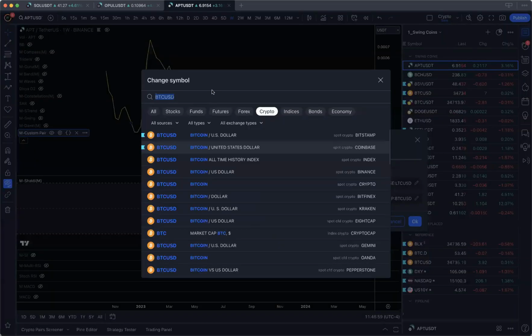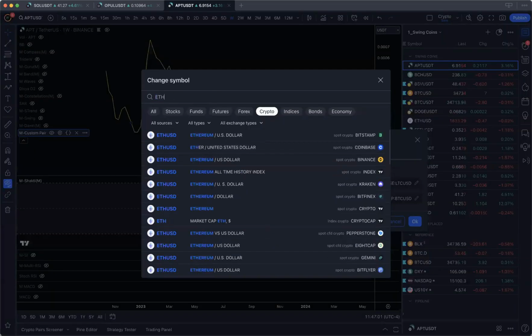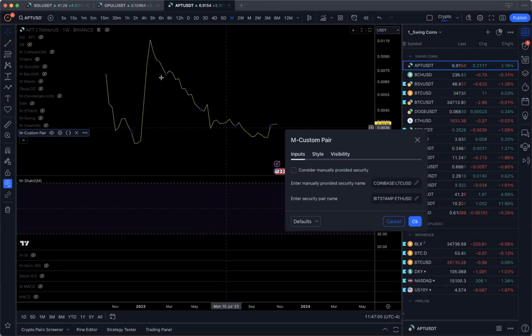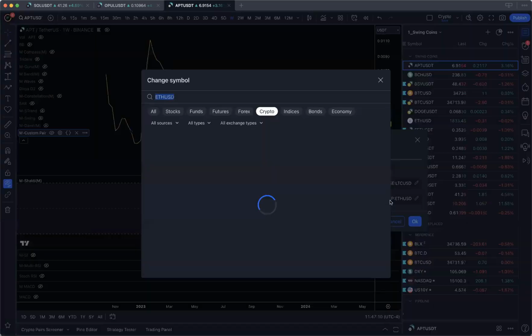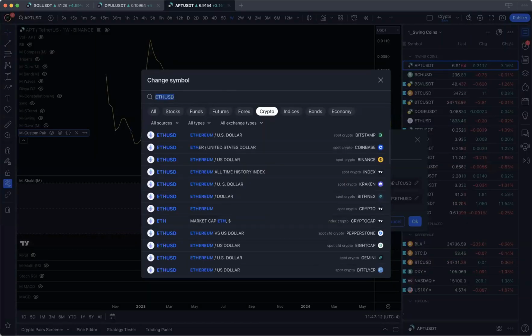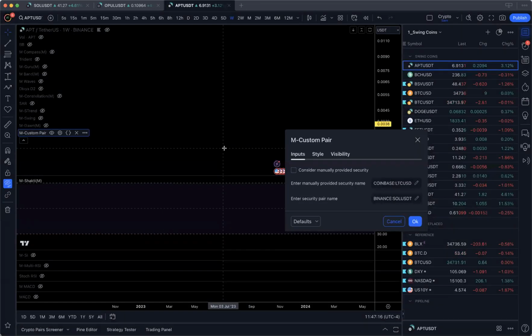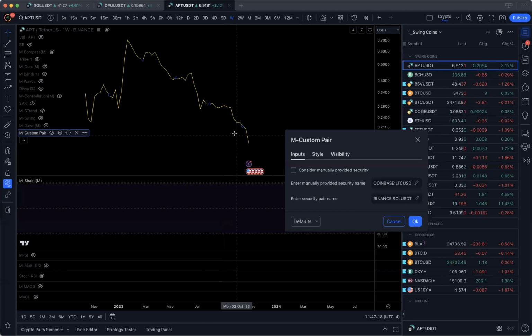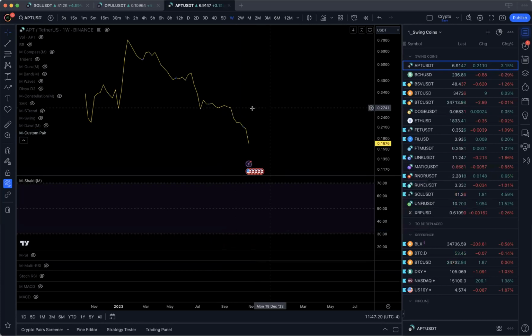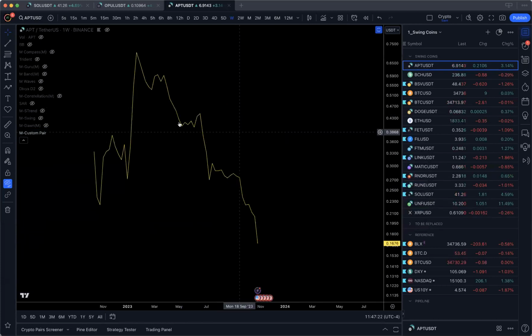If I select Ethereum, for example, then I get APT versus Ethereum. If I want to compare this with SOL, I select SOL, and you see why it is even worse, because SOL is so strong. So that's APT versus SOL.